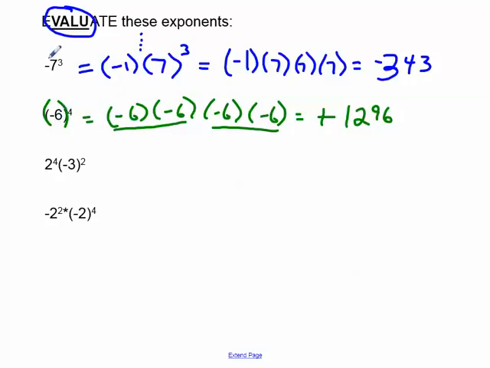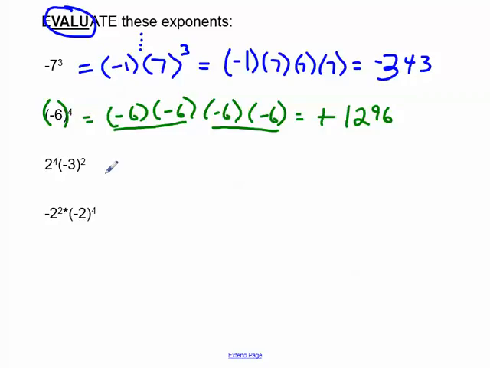Up here, make sure you put the negative sign outside of the parentheses, and maybe put parentheses just around the 7. If you evaluate these with a calculator, the blue one on the top and the green one second, make sure that you get the correct sign. The blue one, the top one, should be negative. The green one, the second one, should be positive.